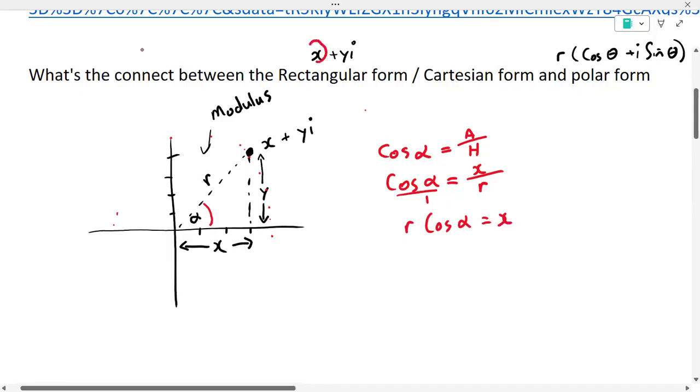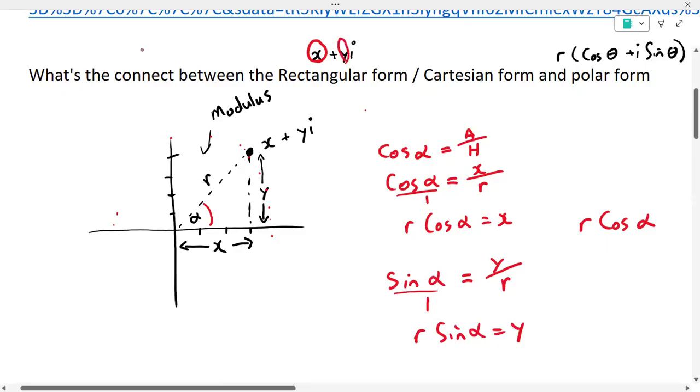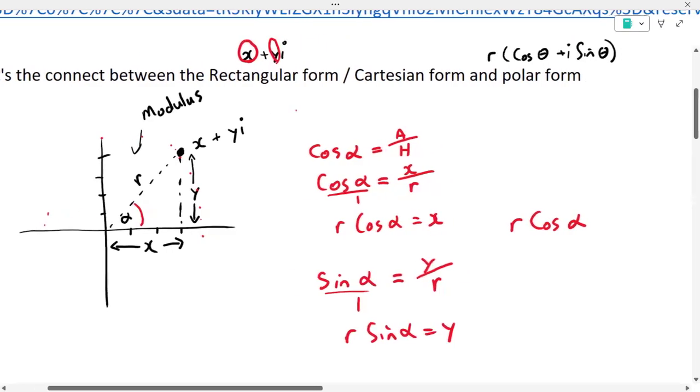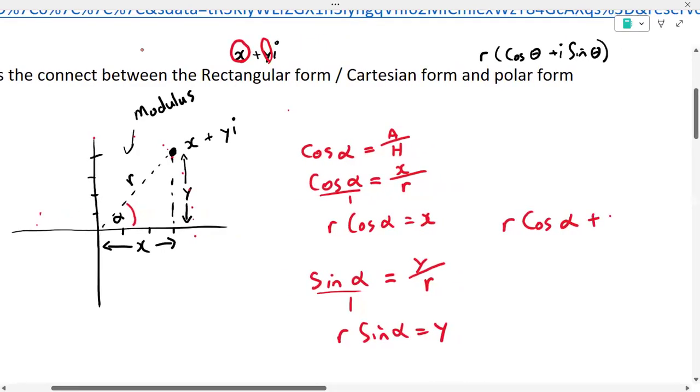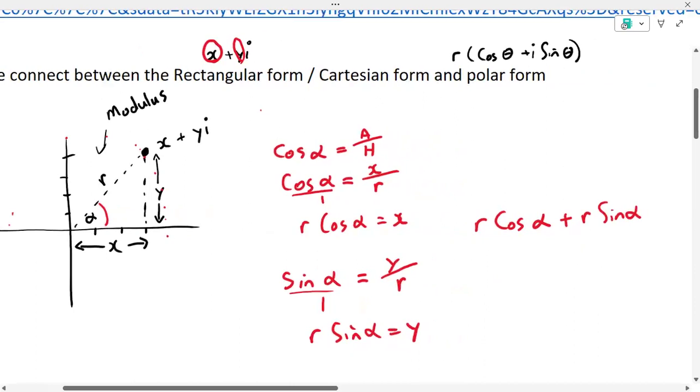Now, in the place of x, I can put r cos alpha. Let's check out sine. The sine of alpha, Some Old Horse, is opposite over hypotenuse. Cross multiply, and I get r sin alpha is equal to y. So in the place of y, I can actually put instead plus r sin alpha. And of course, the i is still going to be there.